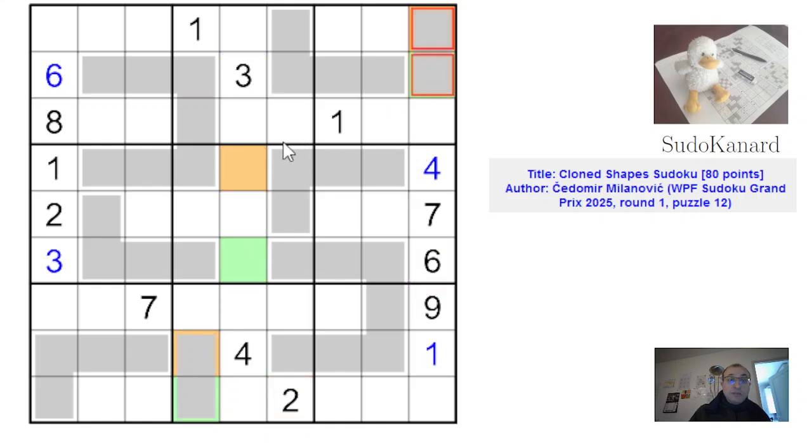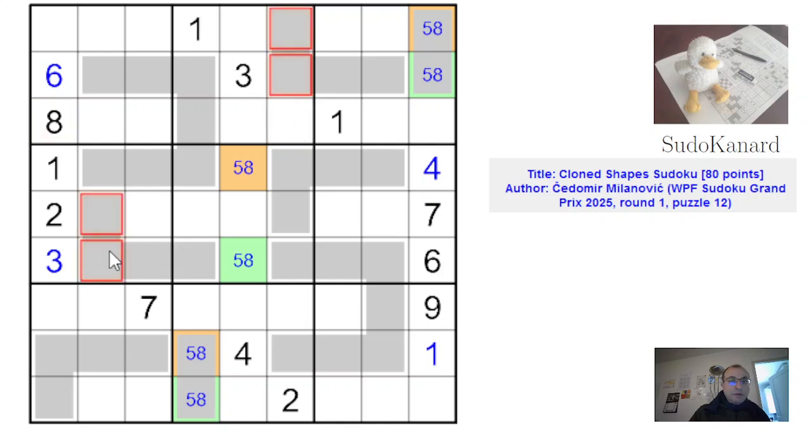So they are 5 and 8. 5 and 8 are also here. So 8 is also there. All right. Which means that 8 is also there.